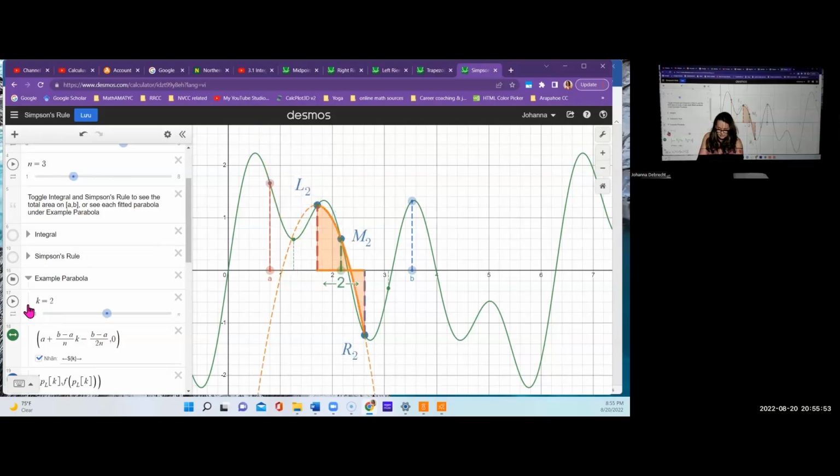to the second one. Now you can see that we've moved over from the first pair of subintervals to the second pair of subintervals. We have a far left, a middle, which is in between the 2 subintervals, and then the far right.